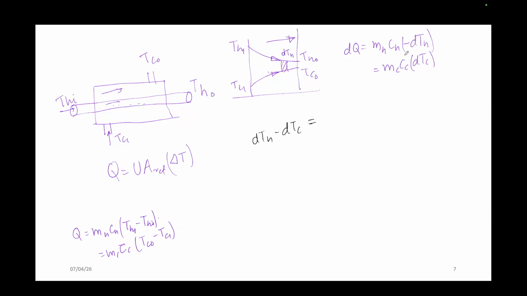So from this I can write dTH is minus dq by mH CH, and dTC is dq by mC CC.